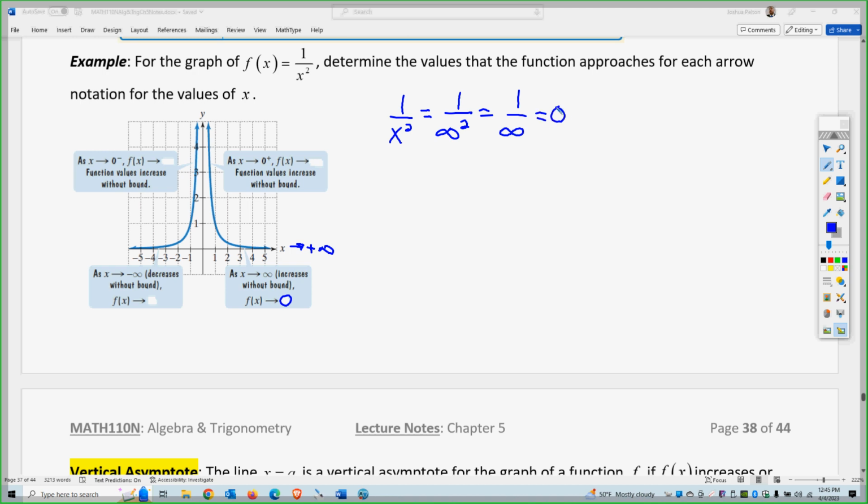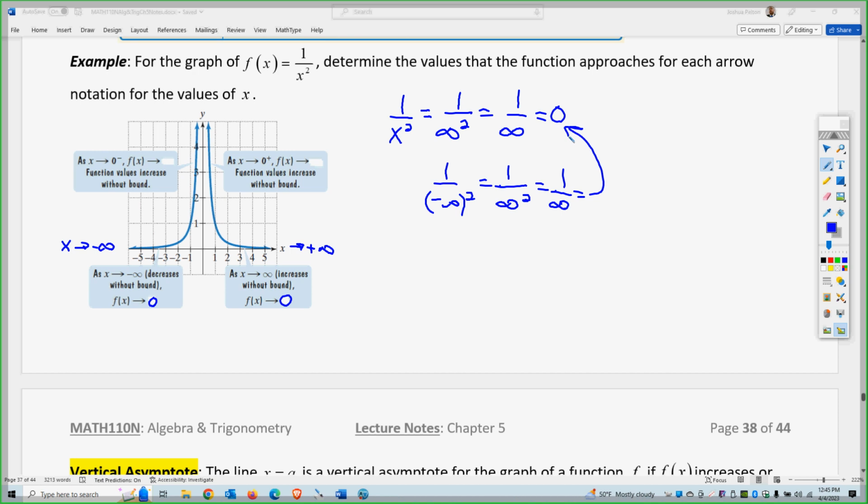If I go the other way, as x goes to negative infinity, the function is also going to 0, because negative infinity won't make any difference to the actual answer. Although we don't need to calculate anything, I'm just looking at it graphically.